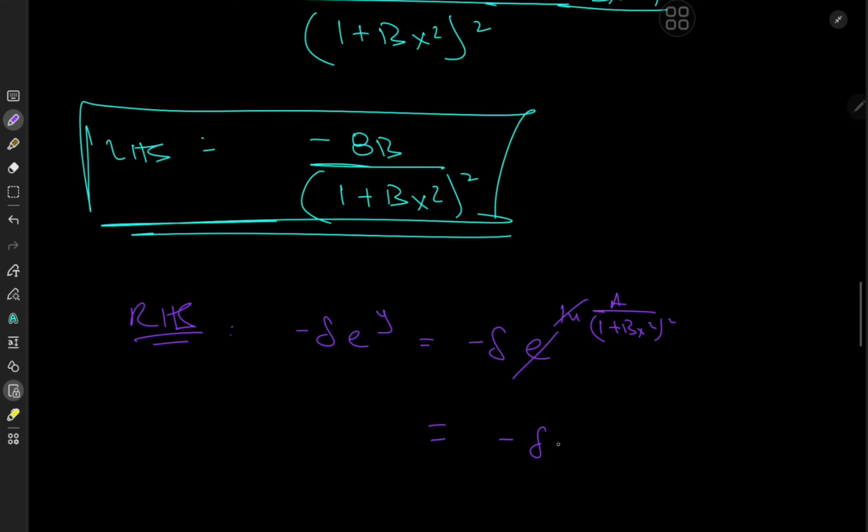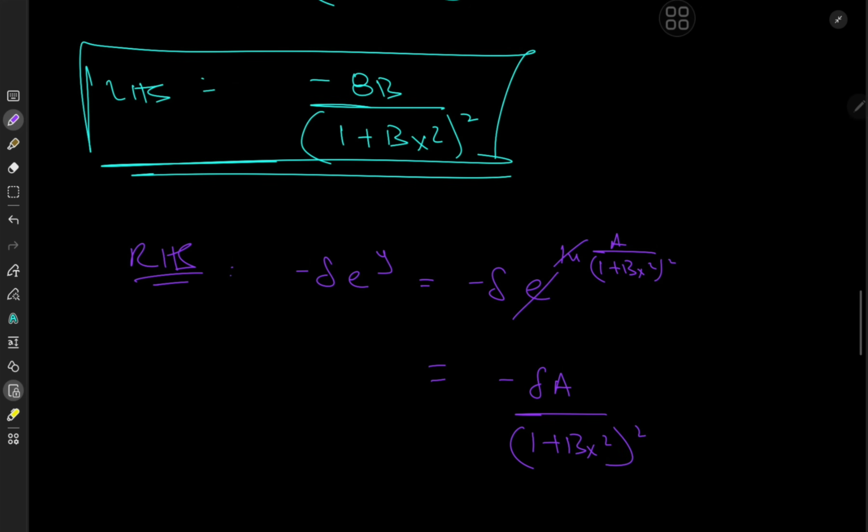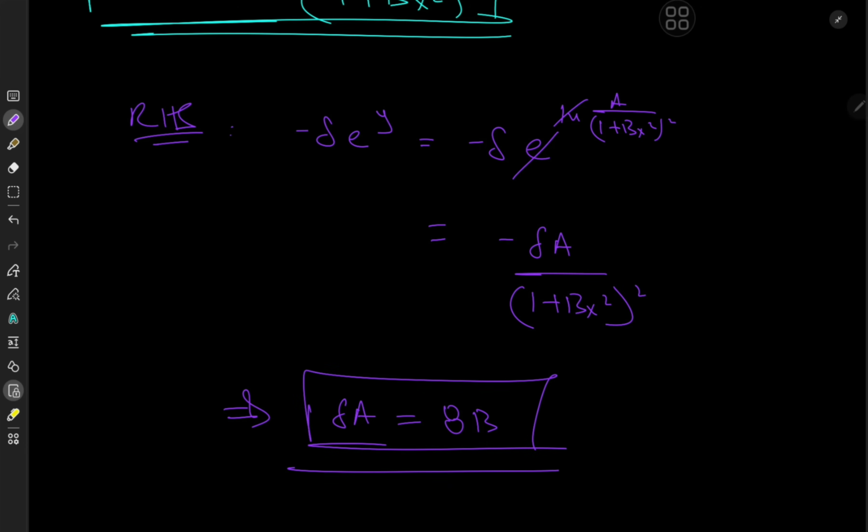So we have negative delta a over 1 plus bx squared squared. So equating the left and the right hand sides together, we do get delta a equal to 8 times b, or a equal to 8b over delta, however you want to look at that.